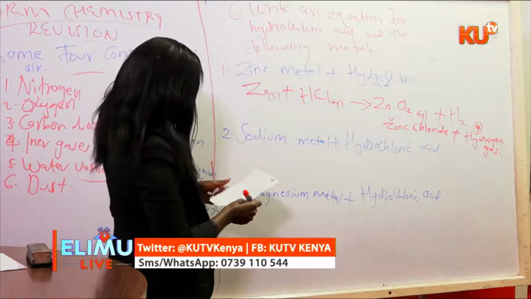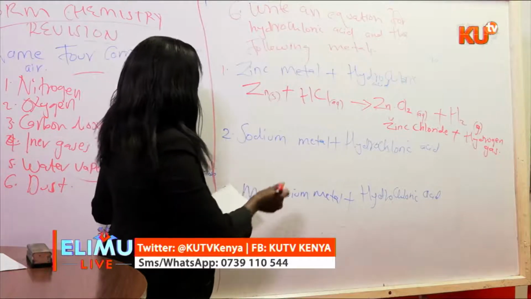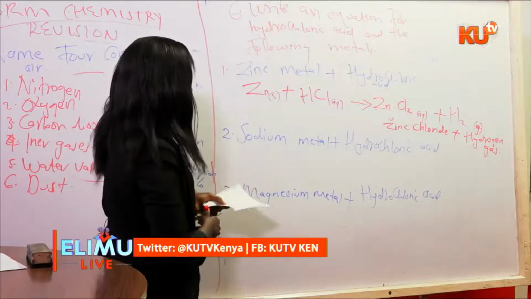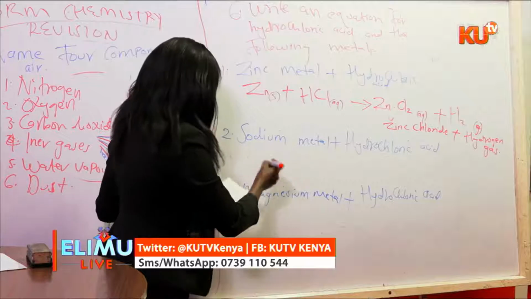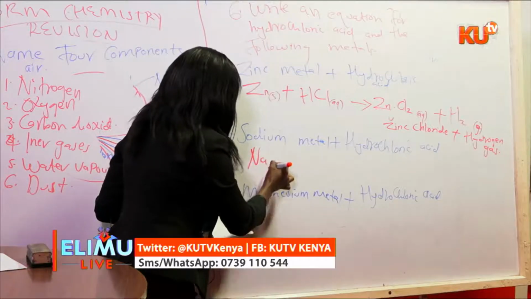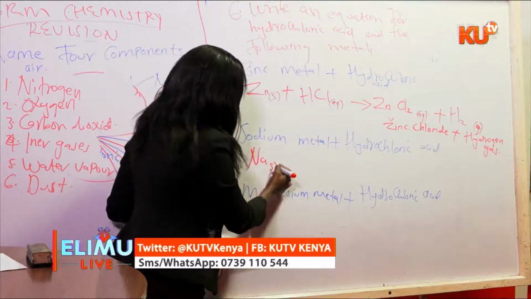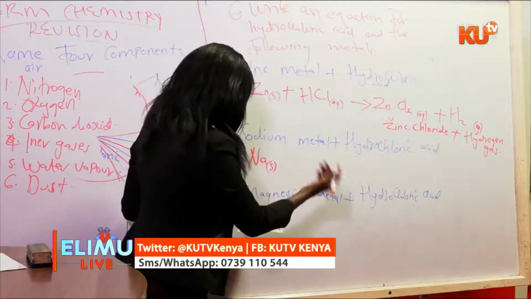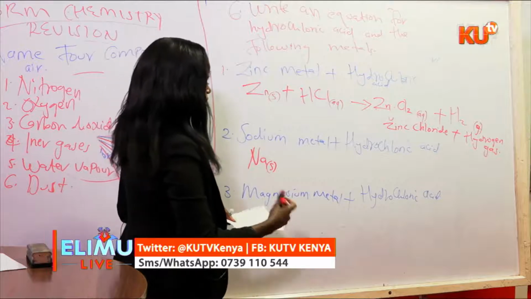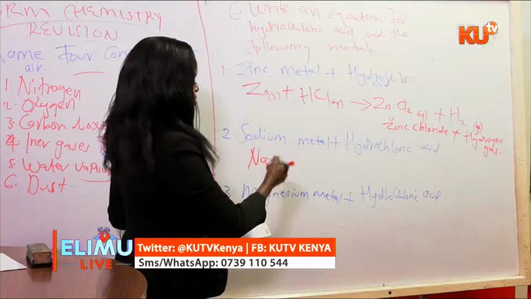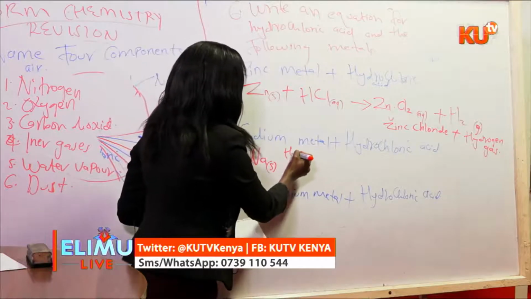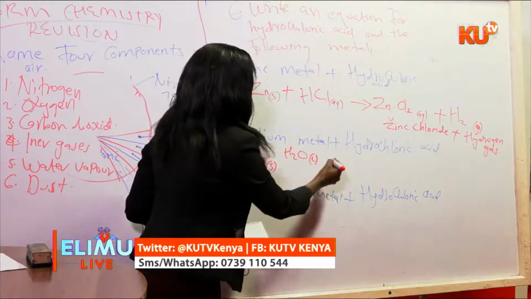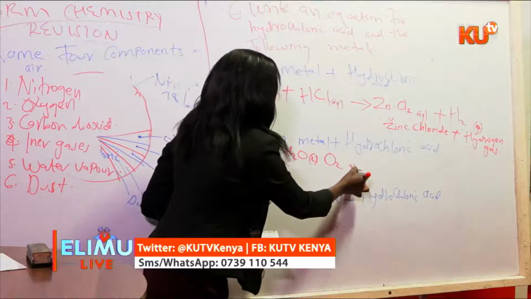Now for sodium metal, when we mix it with hydrochloric acid, we are going to get sodium chloride plus hydrogen gas. Now the chemical formula for sodium is Na, which is a solid. Remember I told you you have to annotate if it's a solid, an aqueous solution, a gas, or a liquid. If it's water, it's liquid. If it's oxygen, you're going to get a gas.